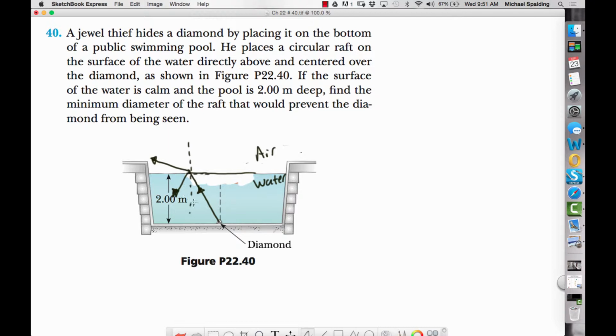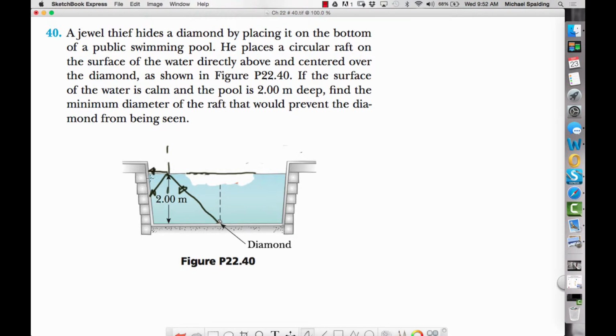So the thing to realize is that as this angle becomes larger, right? So for example, instead of this ray coming like that, what if we would have focused on a totally different ray such as this, right? So this ray is also going to reflect and refract, but now the refraction is going to be what?